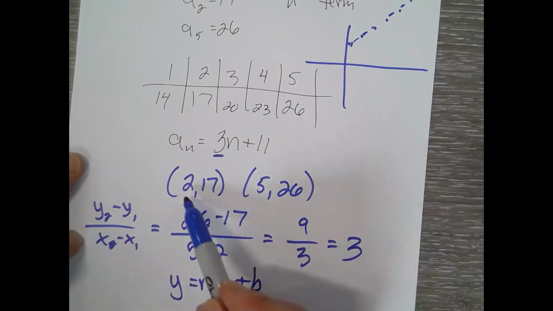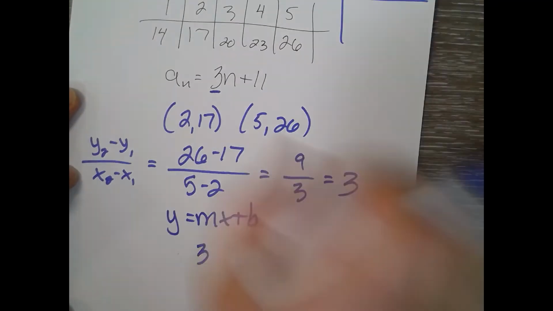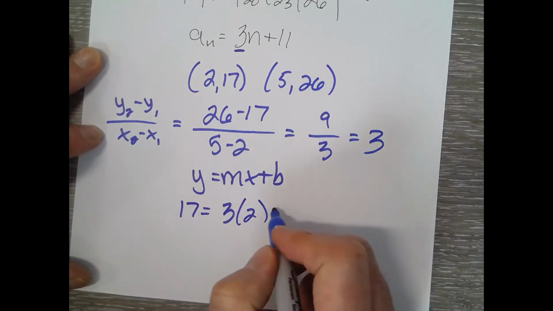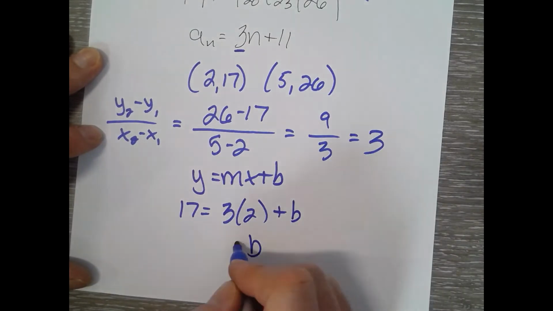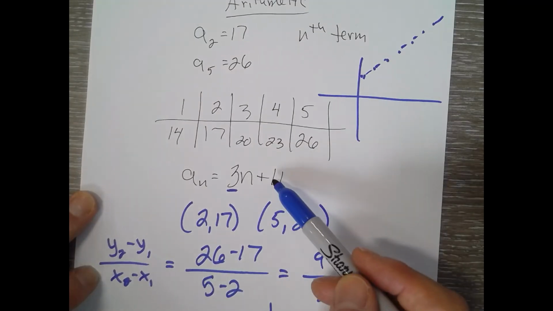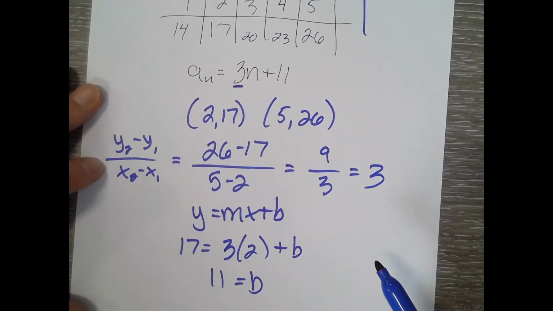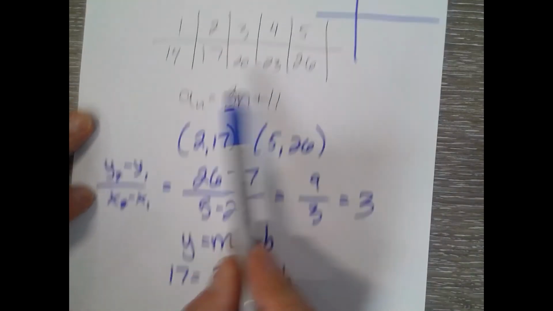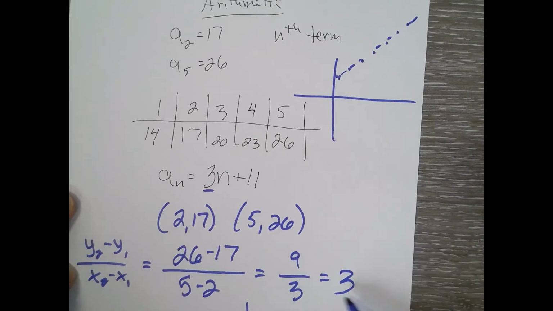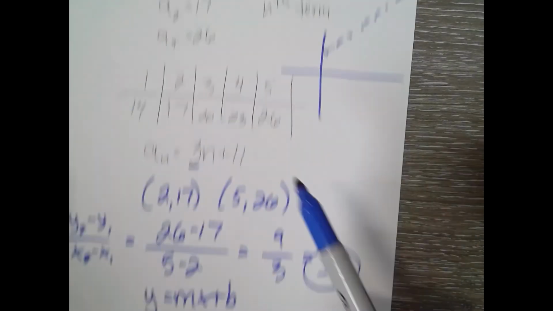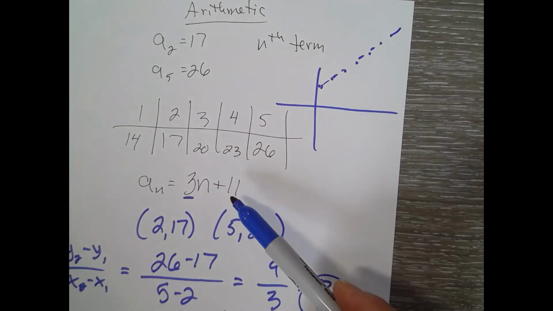I'll choose 2, 17. So b, if I subtract 6, is 11. So notice that's my b right there. 3n plus 11. Don't write 3x plus 11. We're in n mode. We're in sequences. But you get the slope and the y-intercept, and that will help you form the nth term of the sequence.